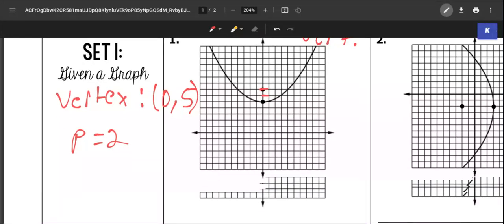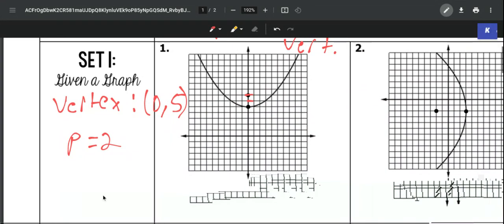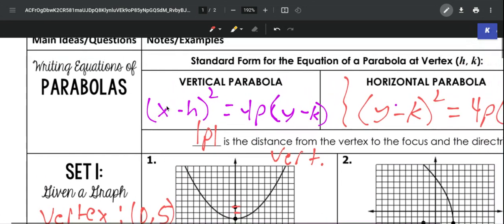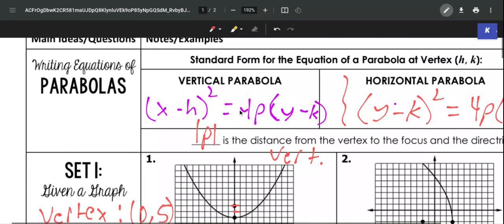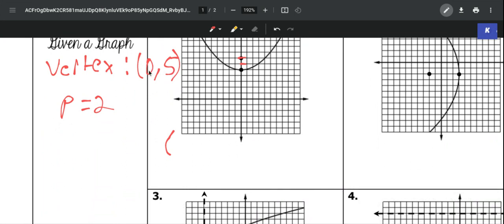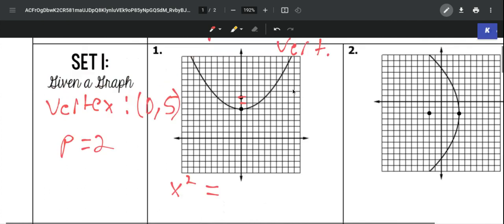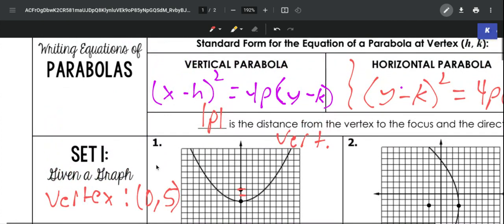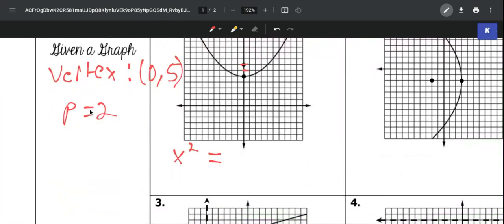Now, that gives us pretty much everything we need, because now all we have to do is plug in p and our vertex into our equation. The only part that we really have to do any extra stuff is right here, but I'll just show you an easy way to do that. We're just going to plug in p how it is. So what this would look like is x is going to come first. So x is not going to be in parentheses, because h here, or my x coordinate for my center, is 0. So I'm just going to have x squared first equal to, because we just essentially plugged in 0 for h, and then this will be equal to 4p. So instead of writing p, we'll write 2.